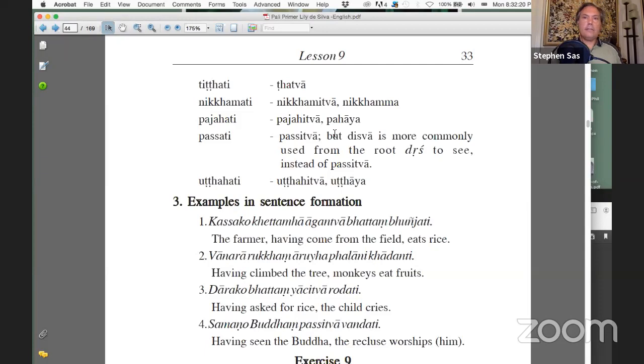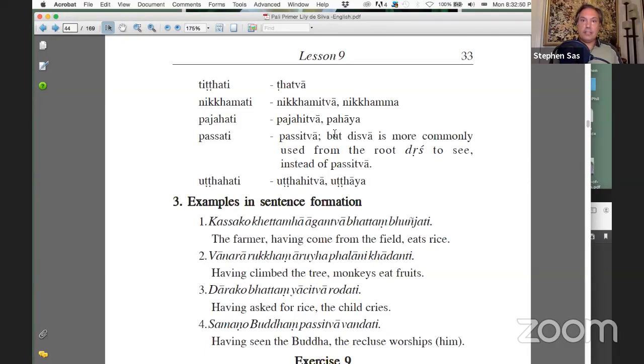In that word, the prefix vi has a sense of specialness or enhancement. So vipassana is an enhanced or special seeing, which is, as you know, translated as insight. Of course, the idea of seeing doesn't only refer to seeing with the eye, seeing visual objects. It has more of a conceptual sense as well.